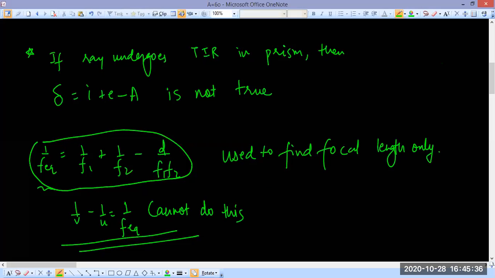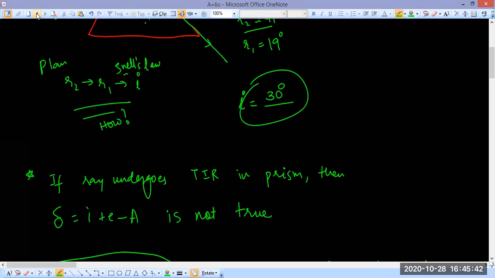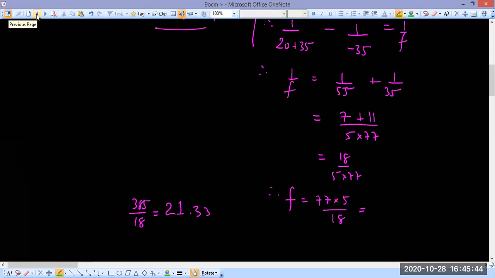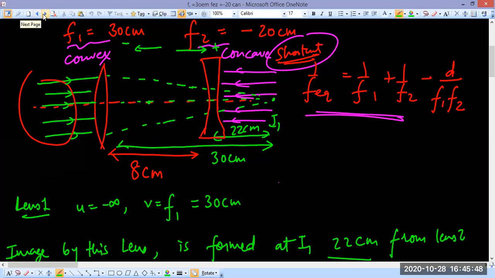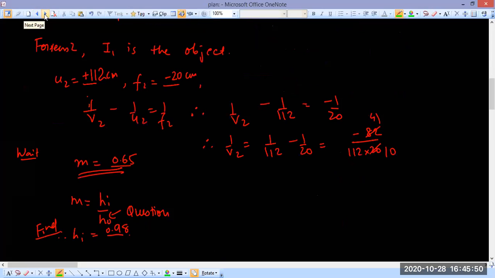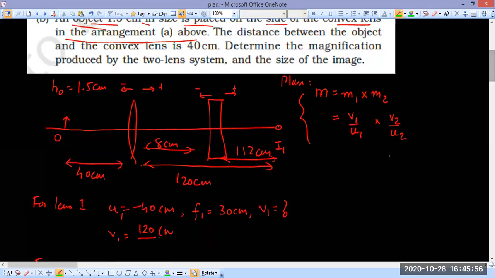So an example of this is the part B which we solved at the start. Where did it go? We did part B of this, right? Here it is. So here, if you try to solve this question with 1 by v minus 1 by u is equal to 1 by f equivalent, then I don't think you will get the answer, right?